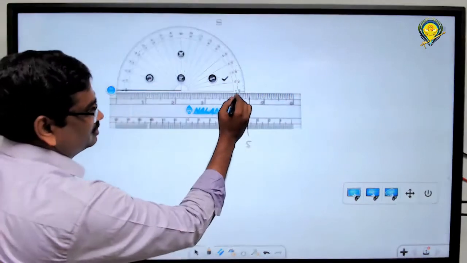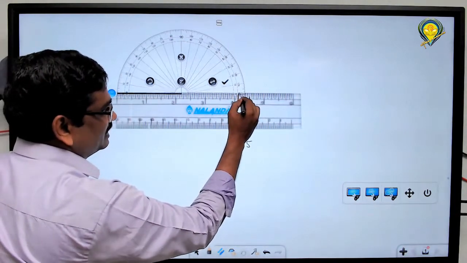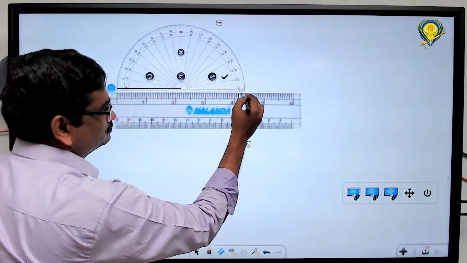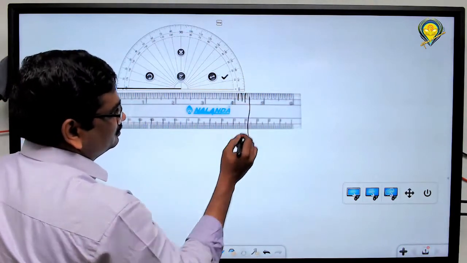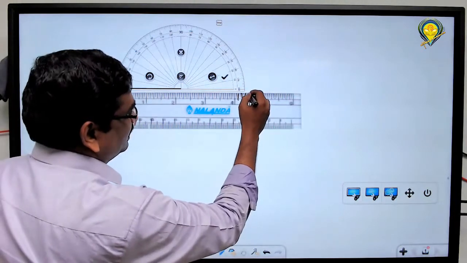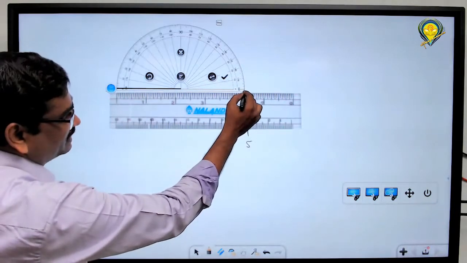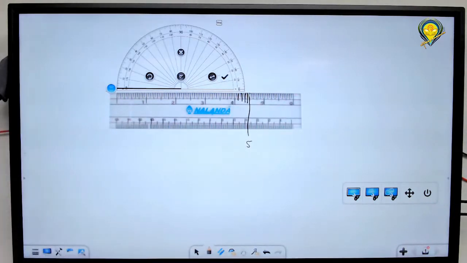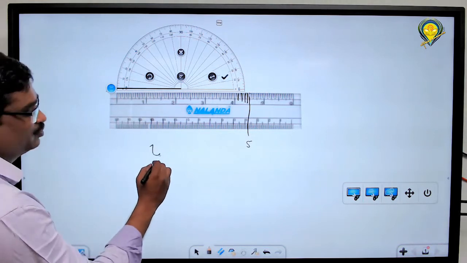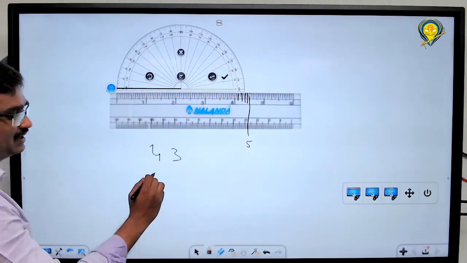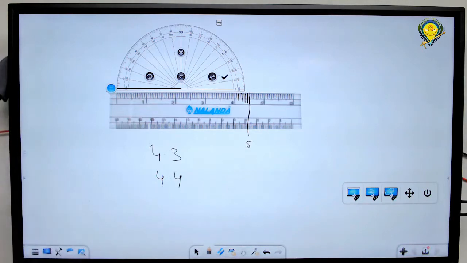So this is the first line, second line, third line, fourth and fifth line. Here it does not exactly match with the third line or second line. Second line again, third line again, no match. So can I write this as 4.3? Someone came and said that 4.4 is the reading. So there is a confusion between 4.3 and 4.4.